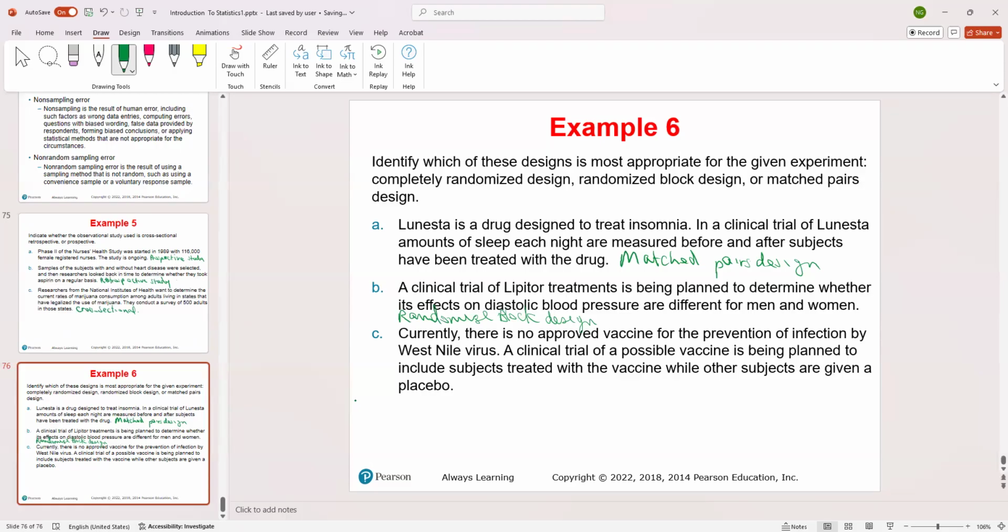Remember, a completely randomized design assigns subjects to different groups through a process of random selection, right? So that's what we're gonna say for the last one.